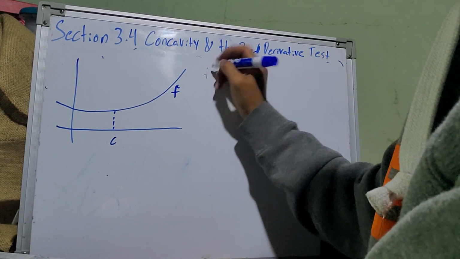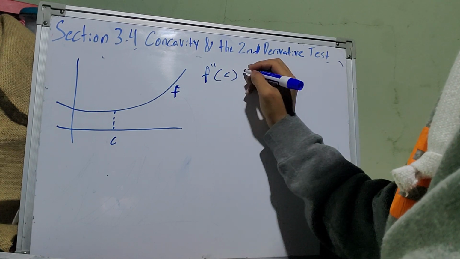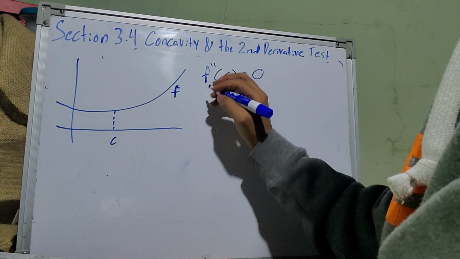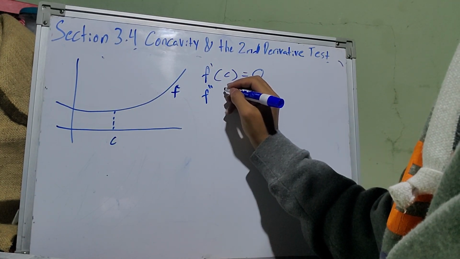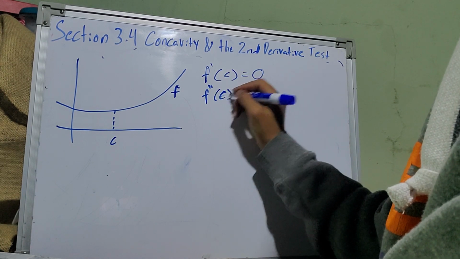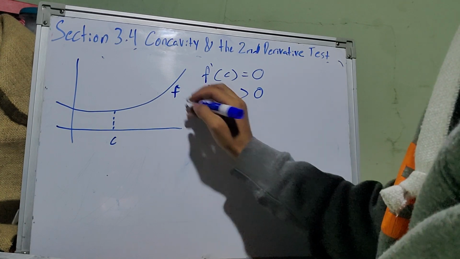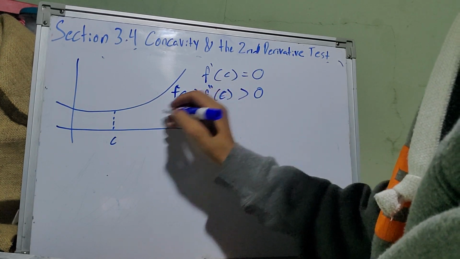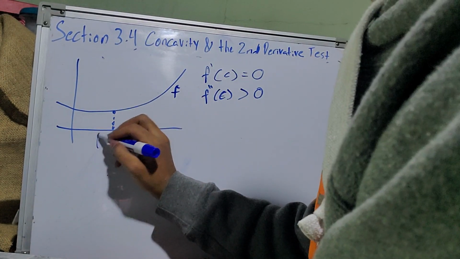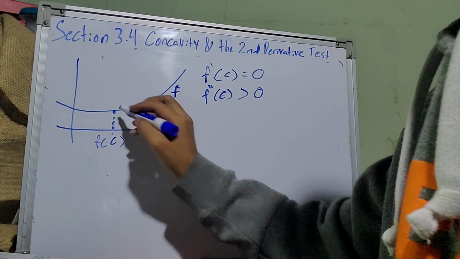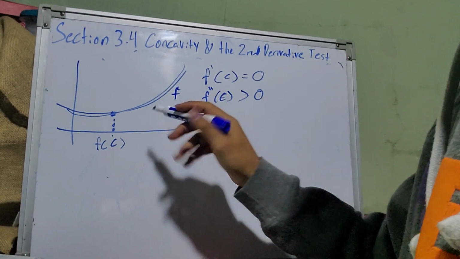If the first derivative of C is equal to 0, and the second derivative of C is greater than 0, then the function f of C, right here, is the relative minimum of the whole graph within the given interval.